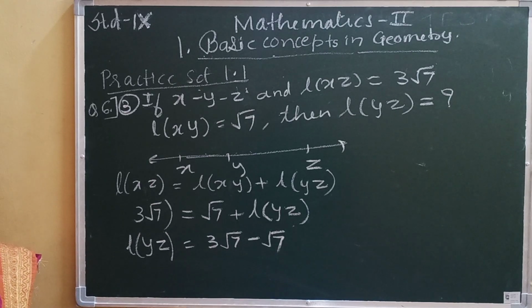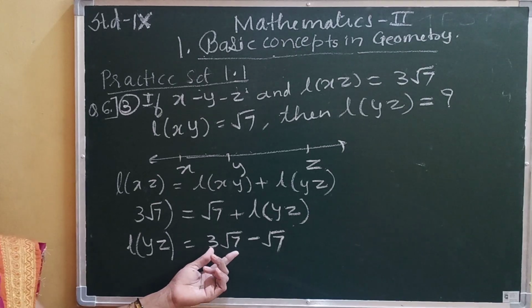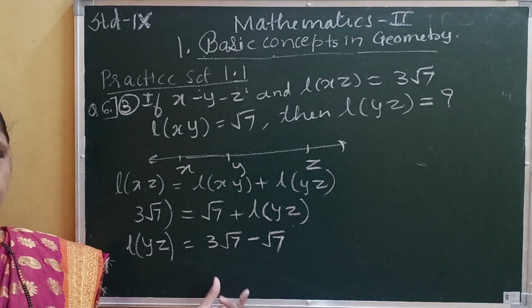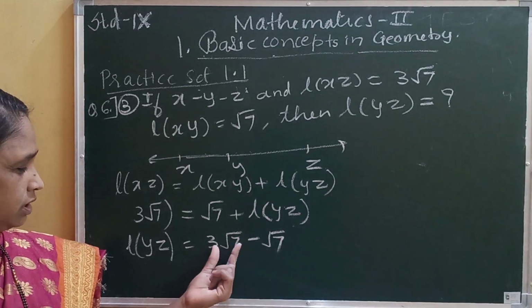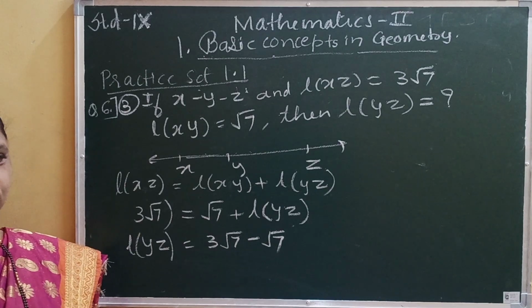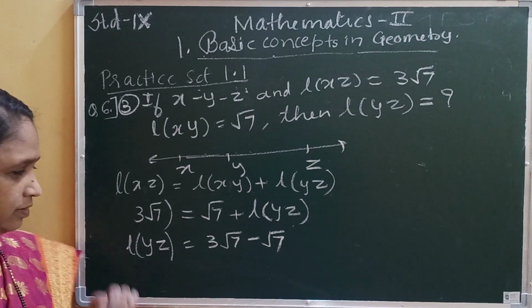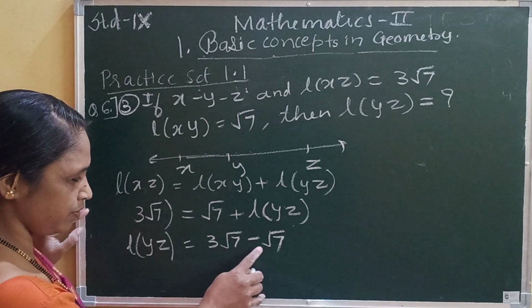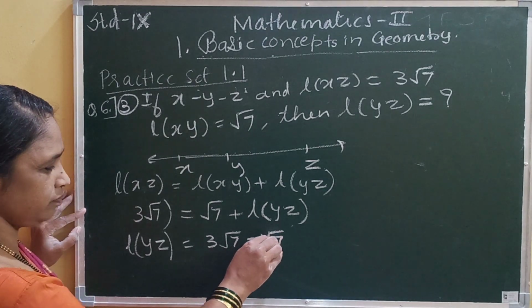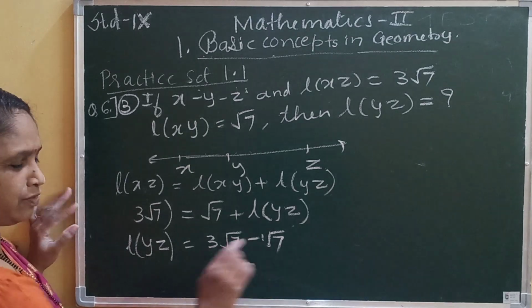Now these are root terms. Suppose you don't understand this root, so suppose this is 3x minus x. Consider it like this, so it will be easy for you to subtract. See, 3 root 7 minus root 7, and this is 1 root 7.